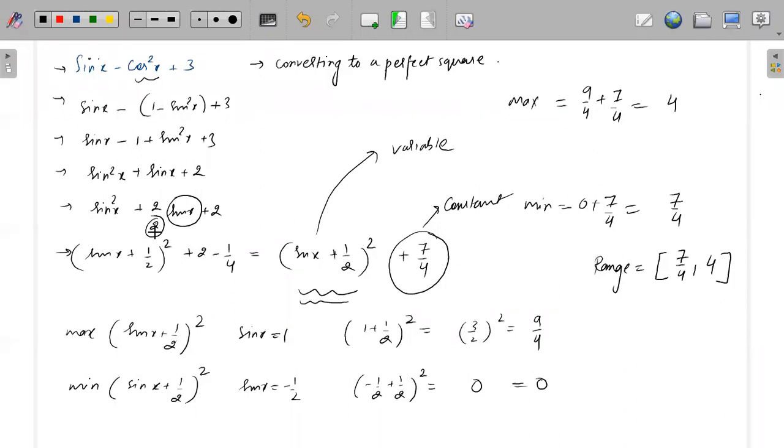Yes, but you cannot convert it simply like that. You cannot write it as sine x minus 1 by 2, because then you will have minus of sine x. So just copy this one also.